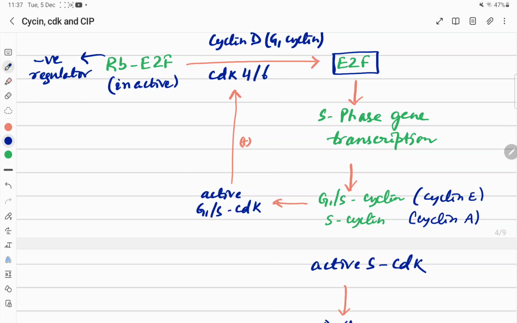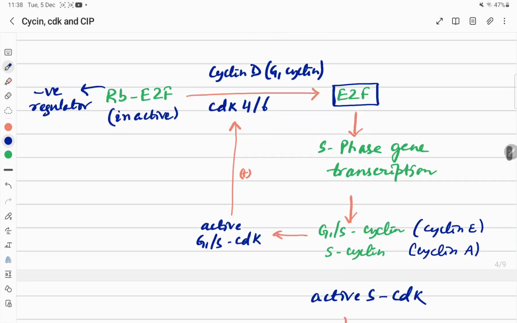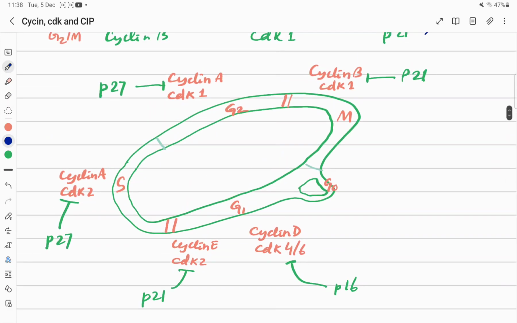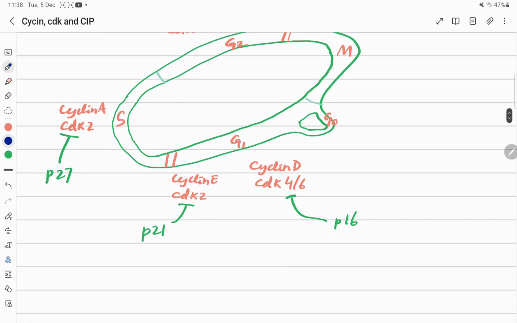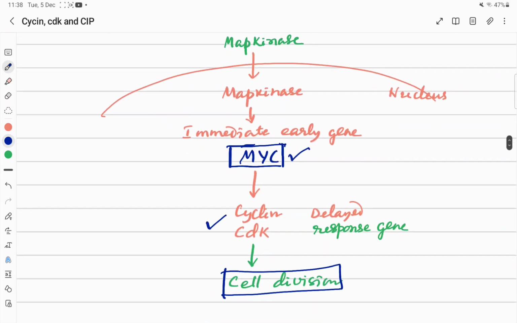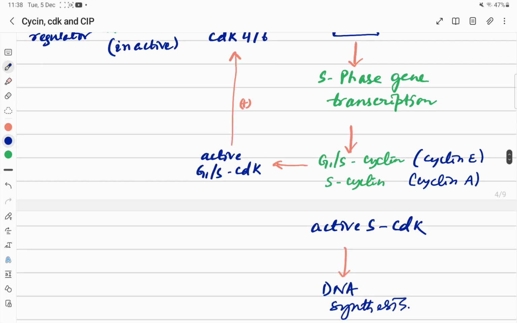So the Cyclin E is a G1S cyclin which will make the G1S CDK complex active. As we have discussed here, Cyclin E and CDK2, Cyclin A and CDK2. So these complexes will be activated, and accordingly the cell cycle will progress.